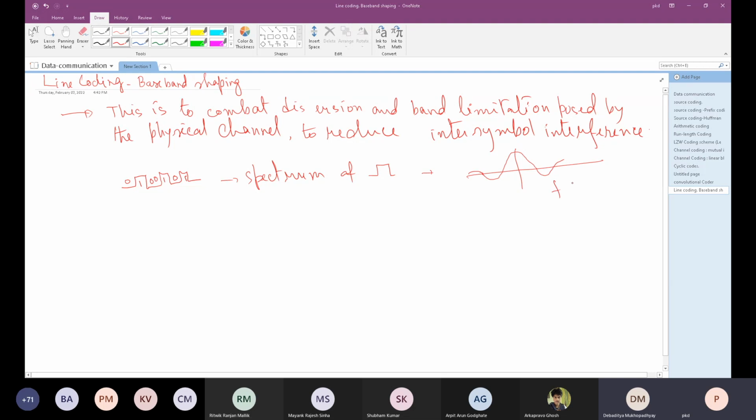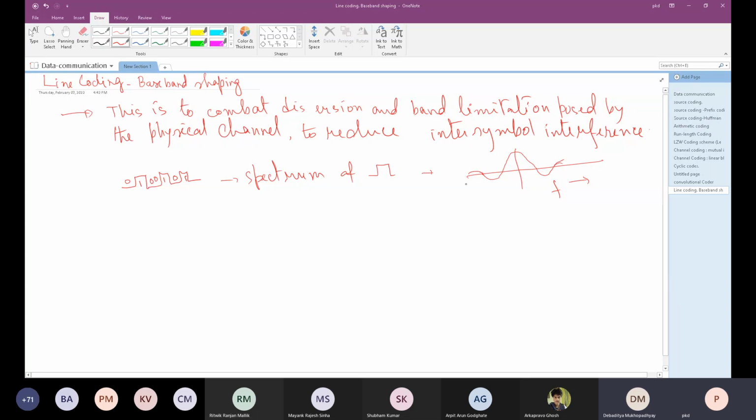This is the frequency axis. Of course, this spectrum is not band limited. It goes to minus infinity and plus infinity because we keep the ideal square wave. The moment we limit it, it will no longer be a square wave, so it will change the shape.